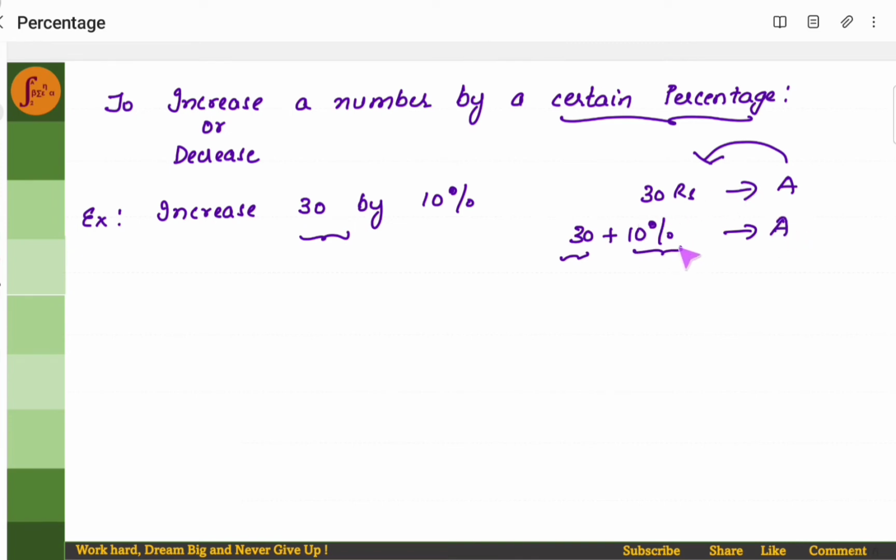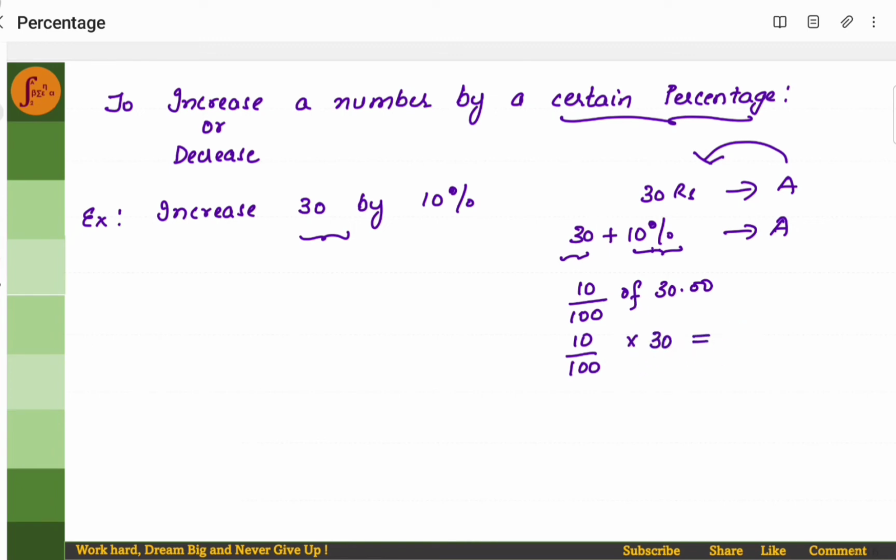So what I will do, I first have to find what is 10% of 30 rupees. 10% is 10 by 100. Remember, this "of" will indicate multiplication. "Of" means you have to put into 30 rupees.